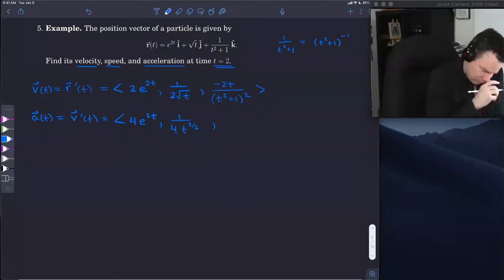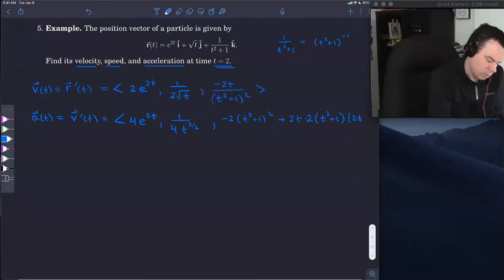And for the derivative of this last bit here, we'll use the quotient rule. So it's the derivative of the top, negative 2, times the bottom, minus the top, which is negative 2t, times the derivative of the bottom, which is 2 times t squared plus 1, times the derivative of the inside, which is 2t.